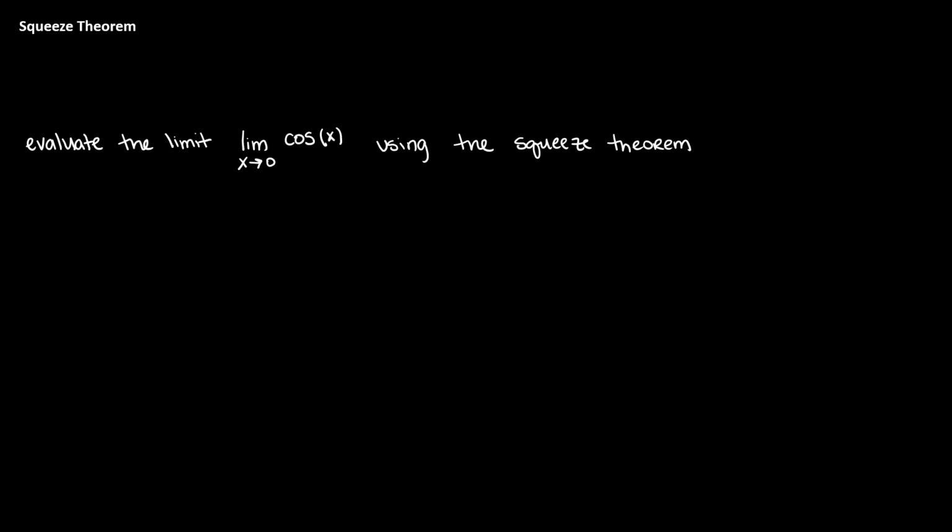Let's evaluate the limit where x is approaching 0 for the function cosine x using the squeeze theorem. Psych, just kidding. We actually have shortcuts that will allow us to build on what we just did to find the value of this limit, completely bypassing the squeeze theorem. Recall that the Pythagorean identity tells us sine of an angle squared plus cosine of that same angle squared is equal to 1.